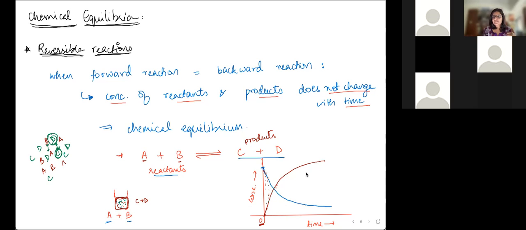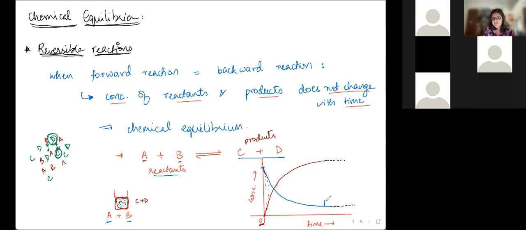Because C and D are being produced and simultaneously A and B are also being produced, all at the same time, after time t my graph is going to be two parallel lines. That is, the concentration of the reactants is denoted by the blue line.